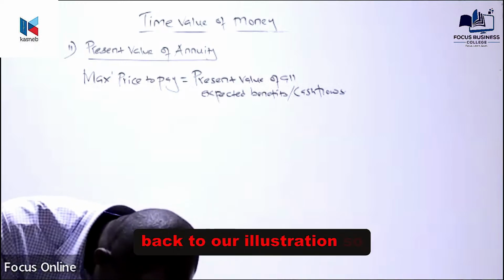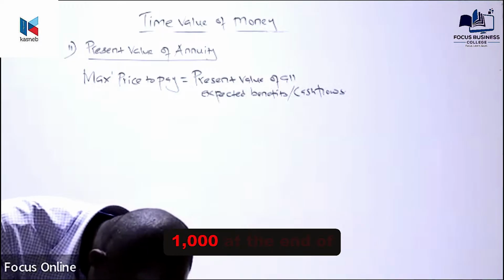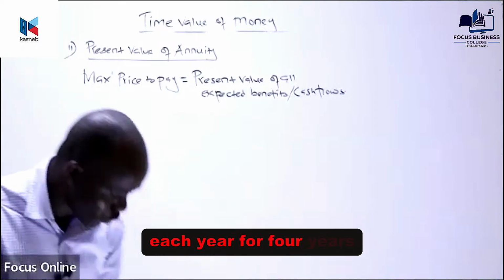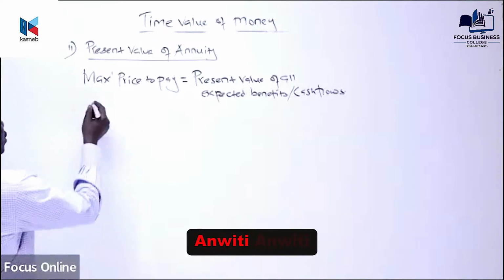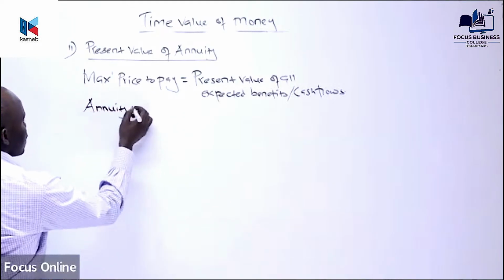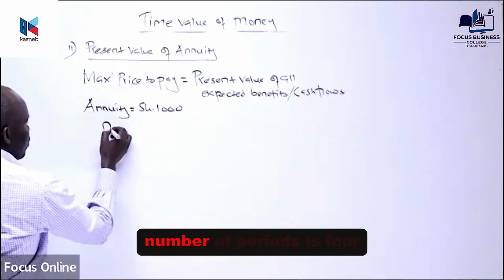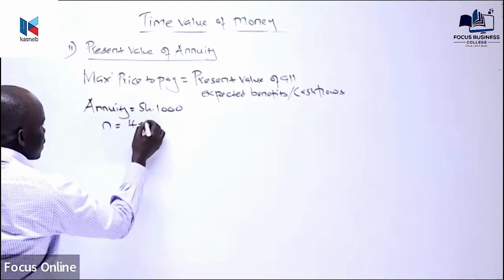Back to our illustration. They're saying, assume that a project will give you shillings 1,000 at the end of each year for 4 years. The annuity is shillings 1,000. The number of periods is 4 years.